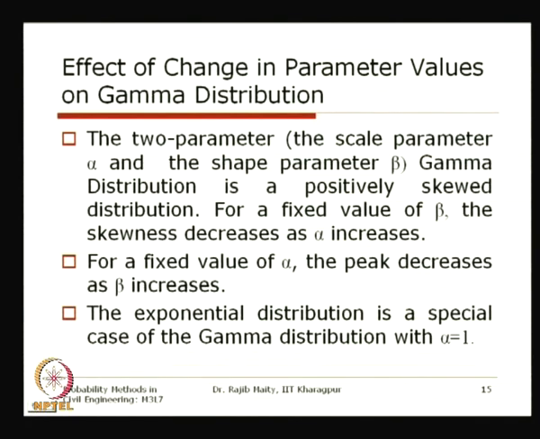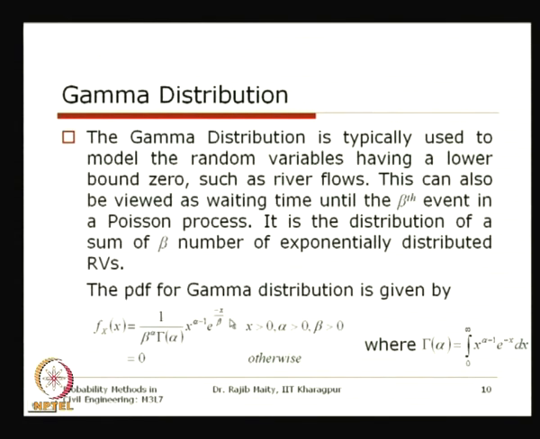One more very special thing here is that the exponential distribution that we discussed in the last class is a special case of this gamma distribution. When we put alpha equals 1, we get the exponential distribution. We can check this here. If we put alpha equals 1, this becomes 1 by beta, and we know that gamma 1 is equal to 1.